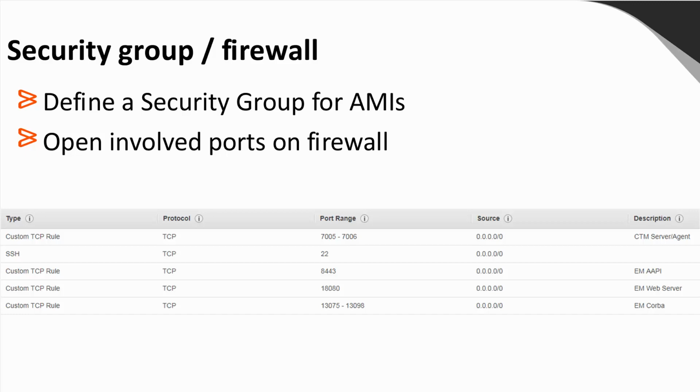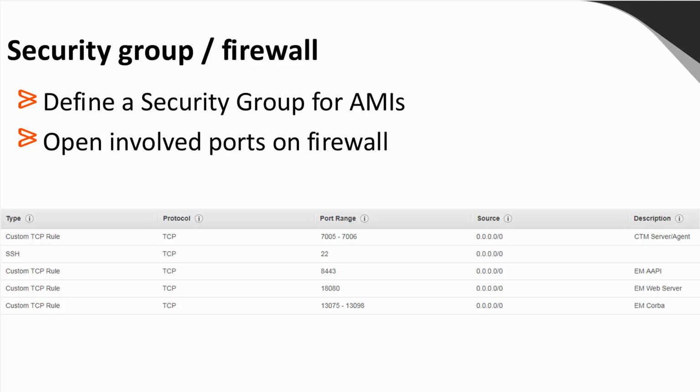So port 7005 is the Control-M agent to server port by default. 7006 is the server to agent port. So you may or may not need to have these open depending on where your agents are and so forth. Port 22 in this case is the SSH port, so this is open for management purposes.